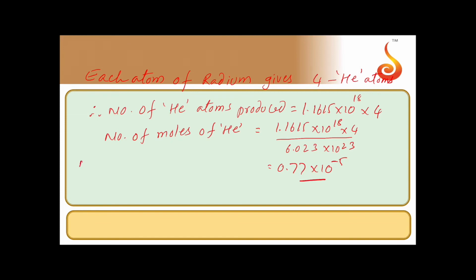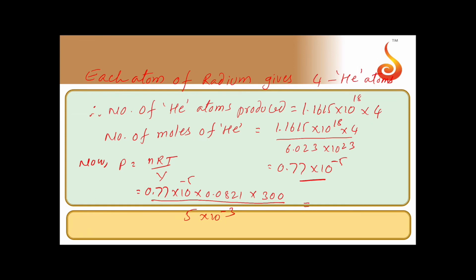Now pressure P is equal to nRT by V, which is equal to number of moles 0.77 into 10 to the power of minus 5, R value 0.0821, T is known to us, 300, by volume, which is given as 5 cc, so 5 into 10 to the power of minus 3 in liters.